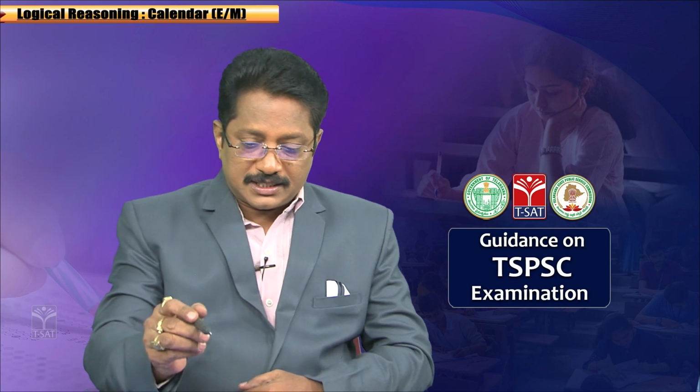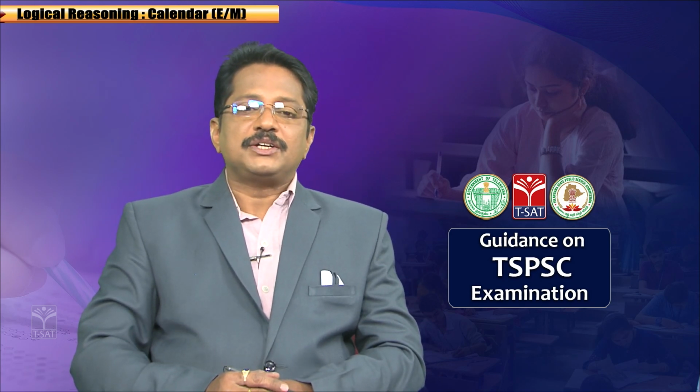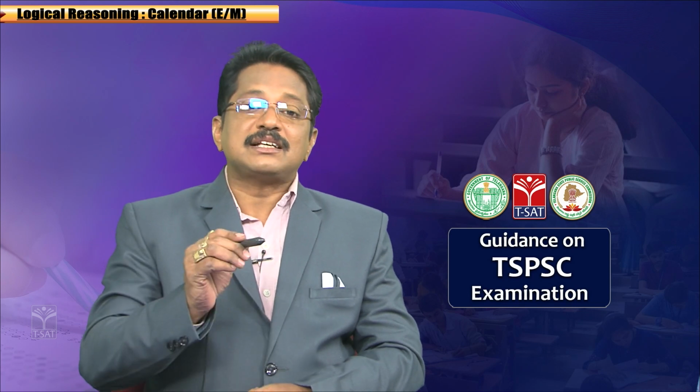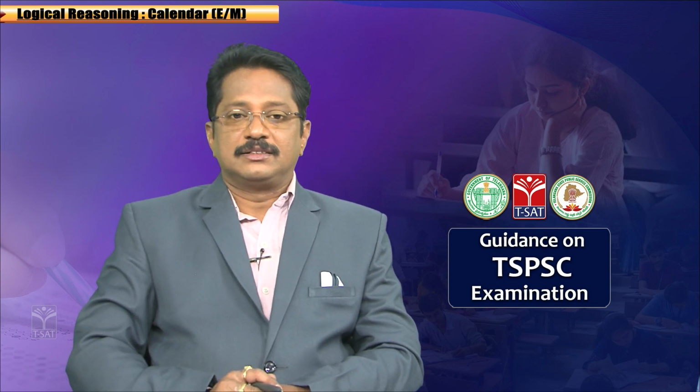Okay, now we will see that. For doing all these things, we are using one formula. Some codes are also very important. The first one is the century code.